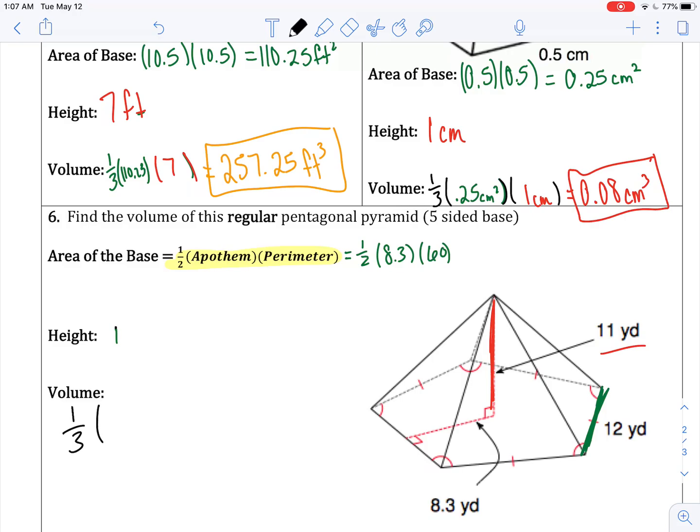Area of the base, and let's just figure that out. 0.5 times 8.3 times 60. It's going to be 249 square yards.